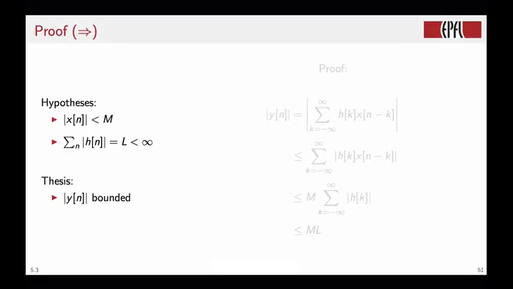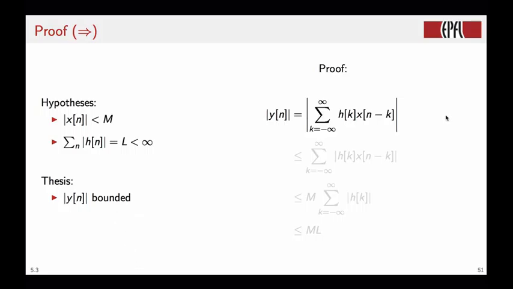So we start with the sufficient condition, and we say that our hypotheses are that our input is bounded and that the impulse response of the filter is absolutely summable. And what we want to prove is that in this case, the output will be bounded. Now the proof is very simple.